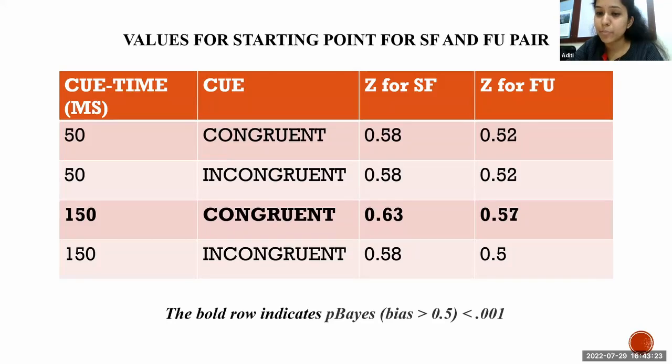For self-familiar and friend-unfamiliar face pairs, we observe the lowest DIC value for the prior bias model, where parameter Z was allowed to vary freely with Q time cross Q model, while other parameters were kept fixed.